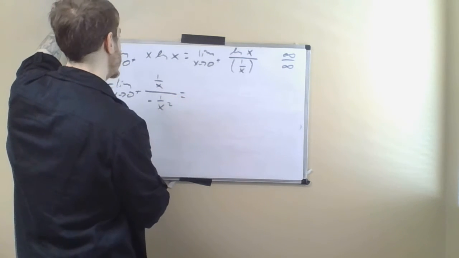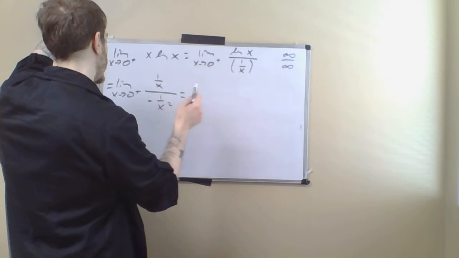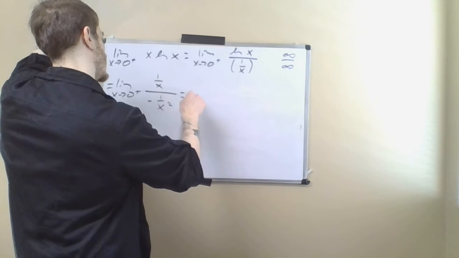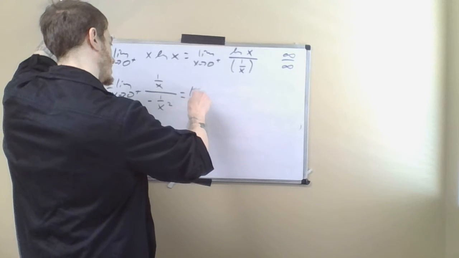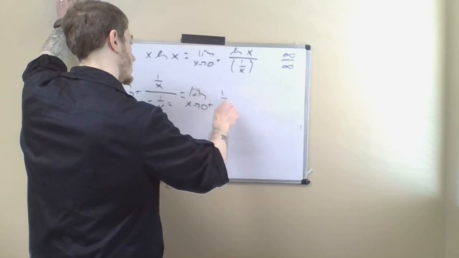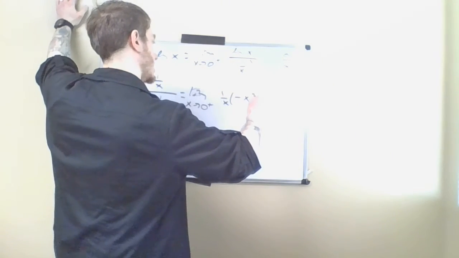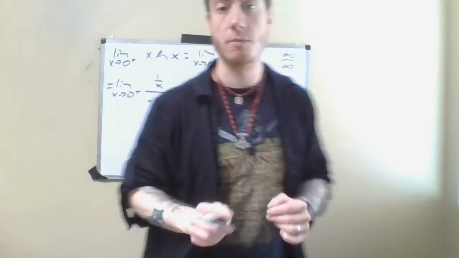And so this is going to become the limit as x approaches 0 from the right of 1 over x times minus x squared, which is going to be 0.